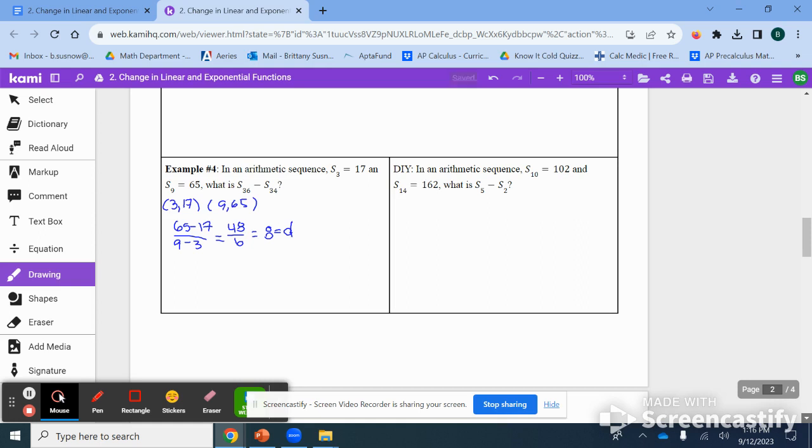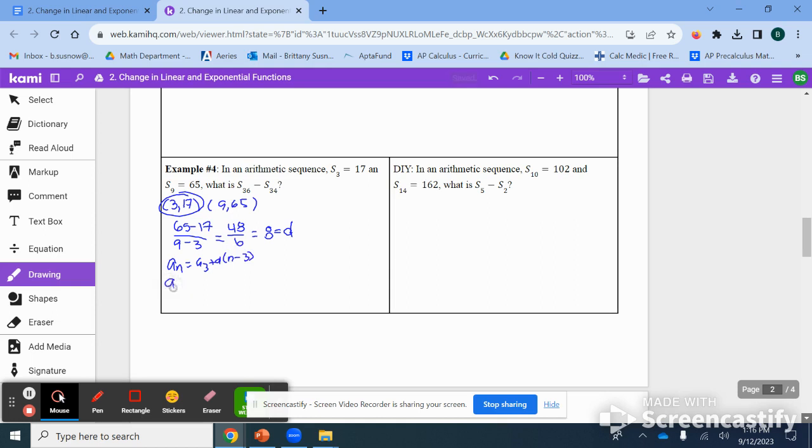I'll use it for d. What makes more sense? What do you guys want me to do? Point slope or the arithmetic way? Arithmetic, the new way. So then that would mean a sub n equals, we'll use 3, 17 as our point. So it's a sub 3 plus d times n minus 3.